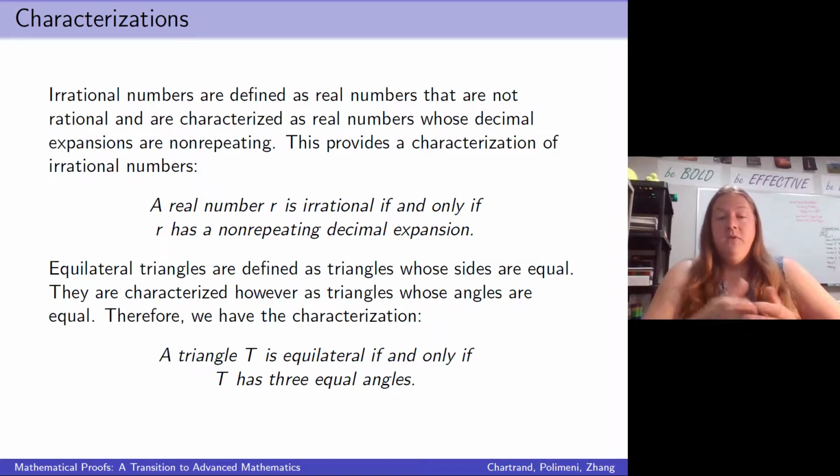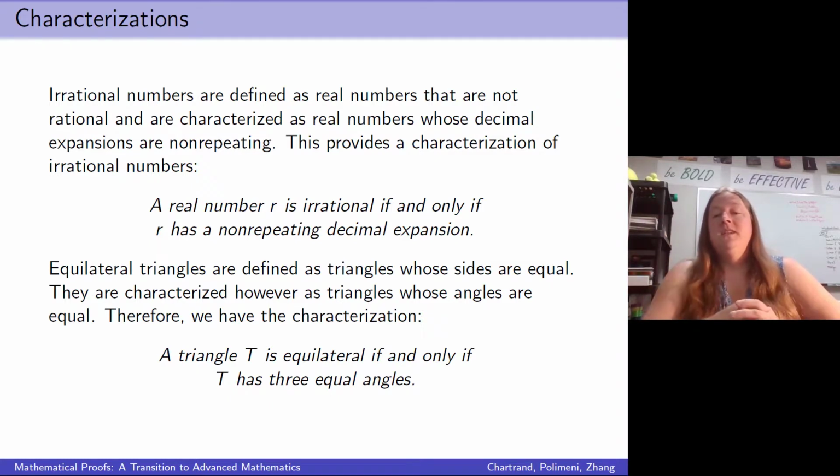Another example here, equilateral triangles are defined as triangles whose sides are equal. That's what equilateral is always meant for us. But sometimes we need to think about them in terms of something other than the sides, and it's easier to think about the angles. So we can characterize an equilateral triangle as one whose angles are equal.